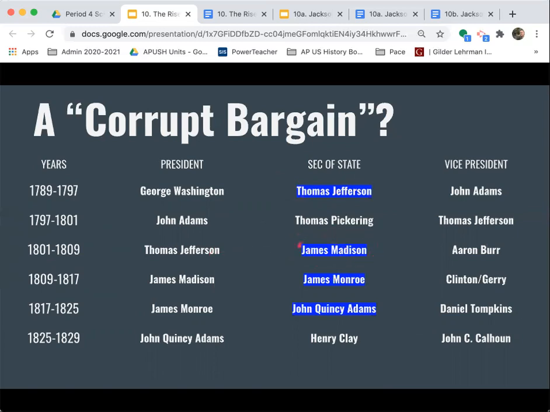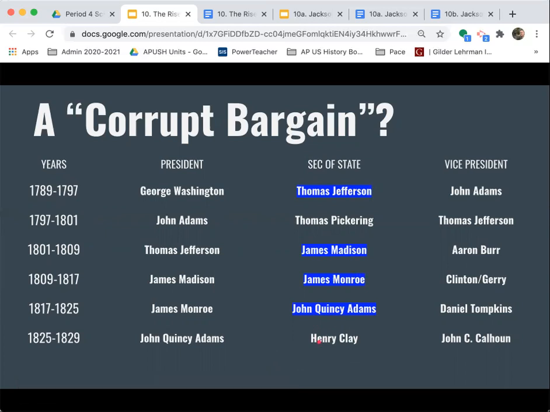He's the next president. James Madison's Secretary of State was James Monroe. He's the next president. James Monroe's Secretary of State is John Quincy Adams. He's the next president. John Quincy Adams' Secretary of State is Henry Clay. He's not going to be the next president.